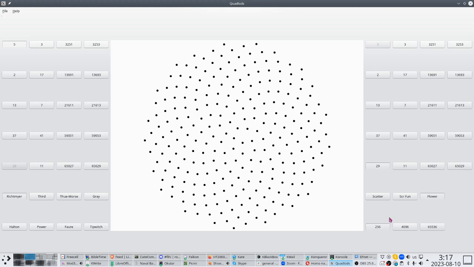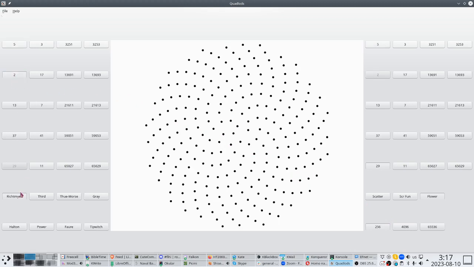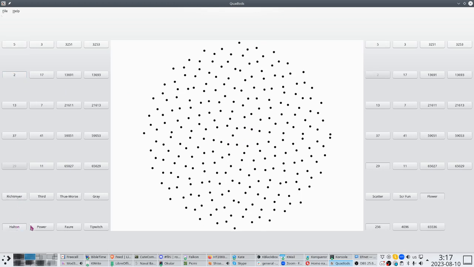That gives each point approximately the same area in the plot. Another flower plot that looks well distributed is the Halton plot of 2.